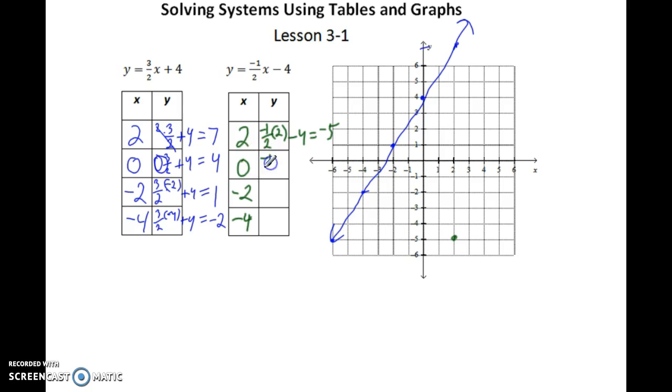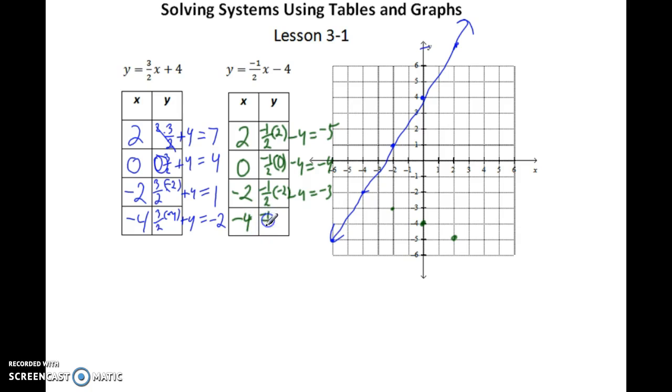And -1/2 times 0 minus 4. 0 minus 4 is -4. So 0, -4 is right here. And let's plug in -1/2 times -2 minus 4, which is really +1 minus 4 is -3. So -2, -3.